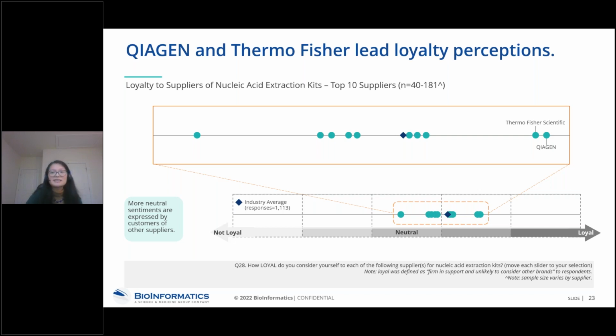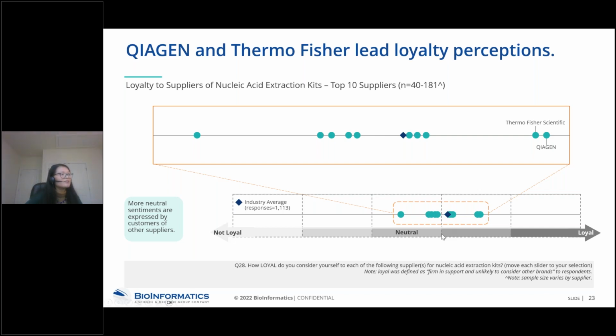So these metrics extended to loyalty perceptions, where respondents generally believe that they are at least somewhat loyal to their current suppliers. Here, they were able to indicate how loyal they consider themselves to each individual supplier on a spider scale, and loyalty was defined as firm in support and unlikely to consider other brands.